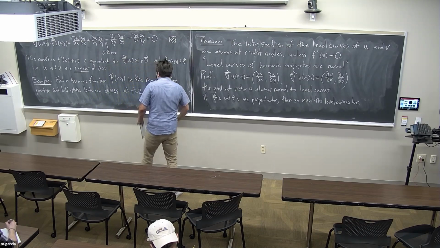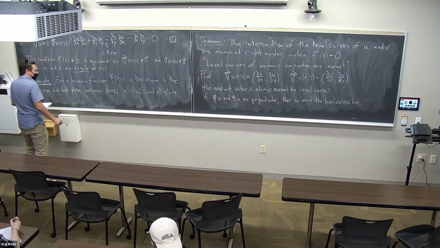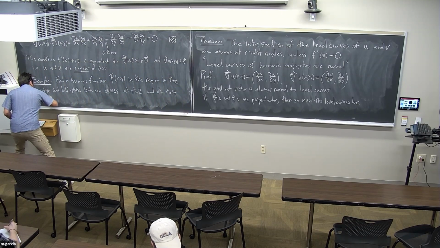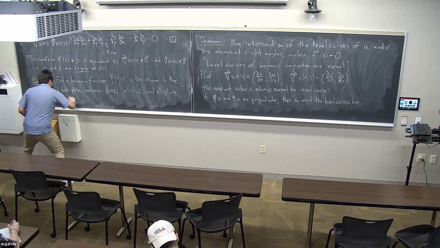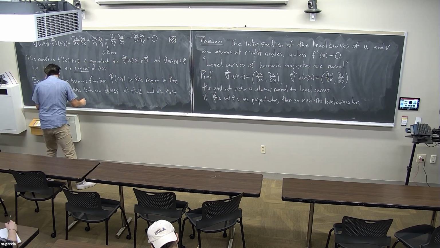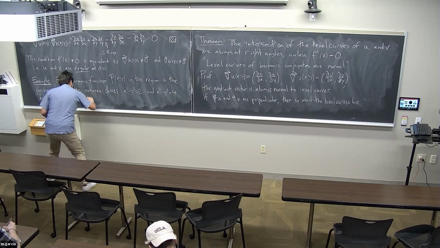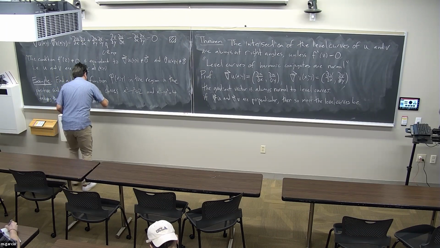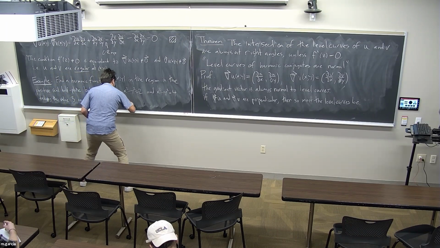Now I'll tell you the boundary conditions. This function phi, taking the value 3 on the left, and 7 on the right.